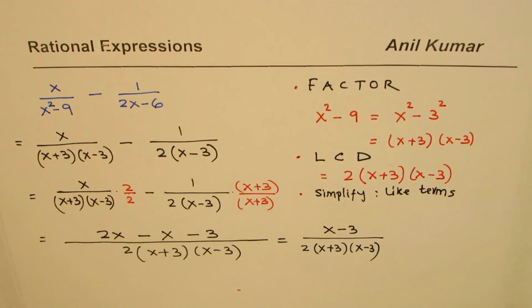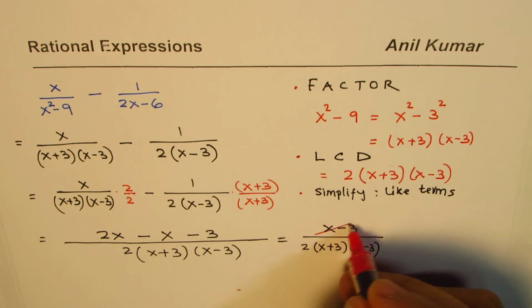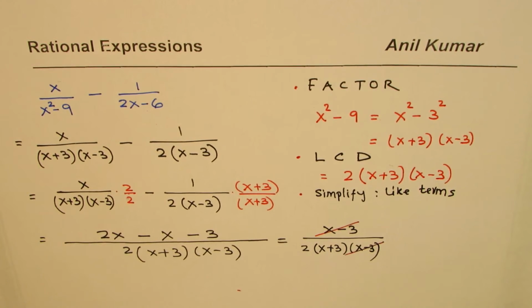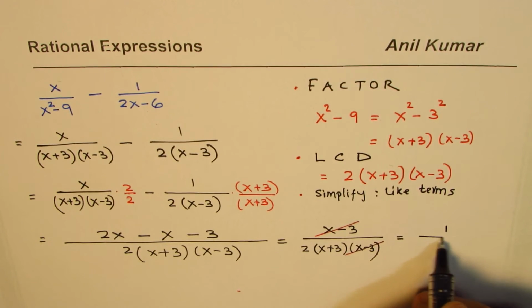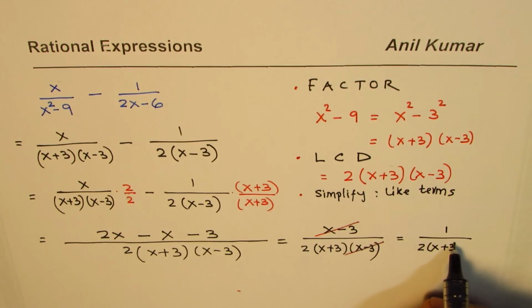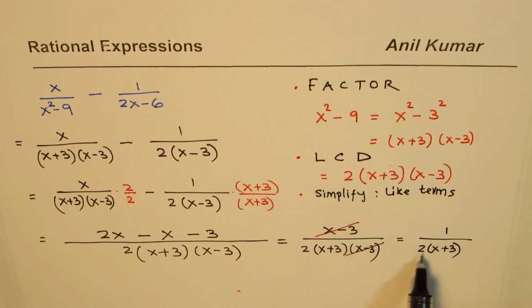Now at this stage also, you find it could be further simplified by cancelling the common terms. So if you can simplify further, and then you finally get simplified answer as 1 over 2 times x plus 3, right? Now you may or may not expand, but I recommend not to expand. So leave it like this. So that is your answer.